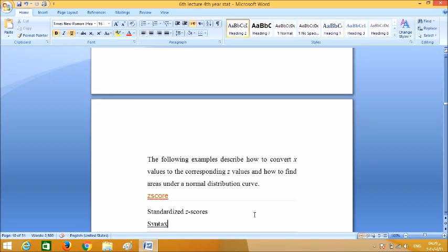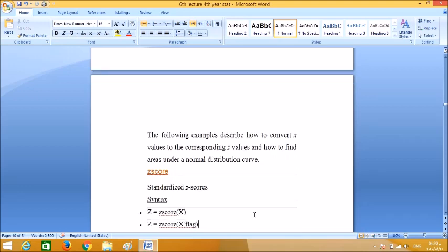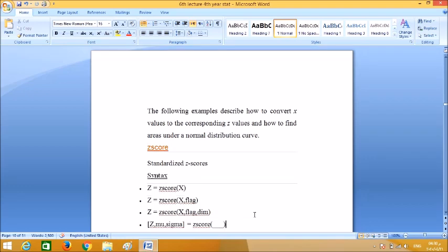The z score function is a standardized z score. The function syntaxes are z equals zscore of x, or zscore of x and flag, or zscore of x, flag, and dim.